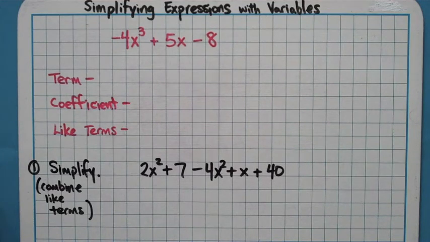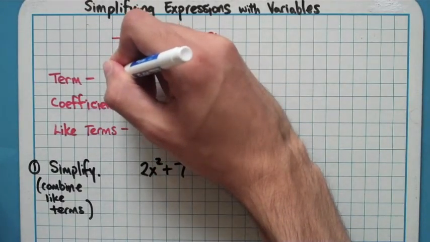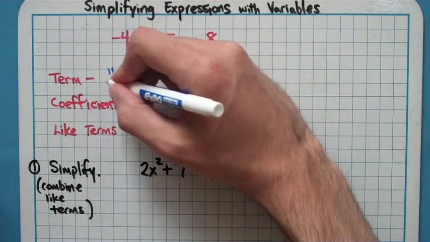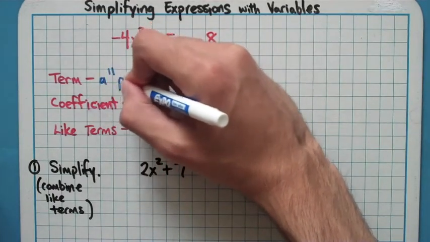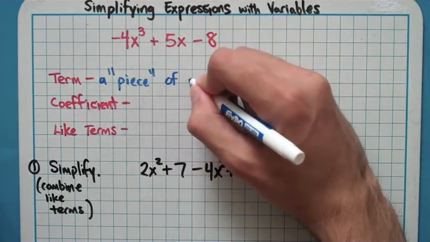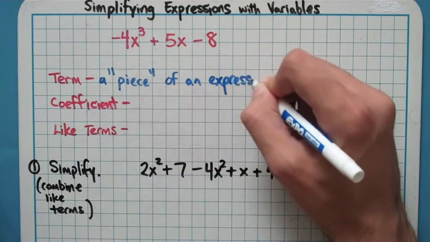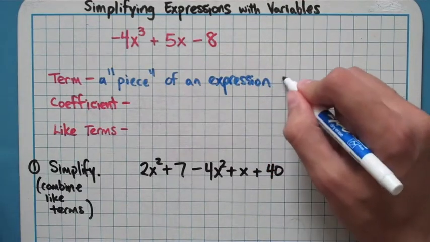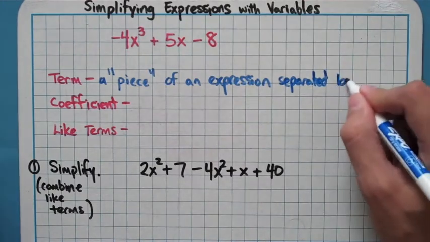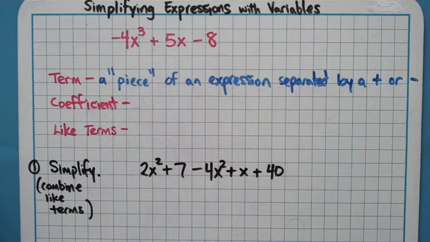Our first vocab word here is called a term. And a term, again, this is not the sort of definition you would see in a math book, but it really helps, I think, in terms of picturing what's going on. I think about a term as a piece of an expression, or equation, I suppose, separated by a plus or a minus.